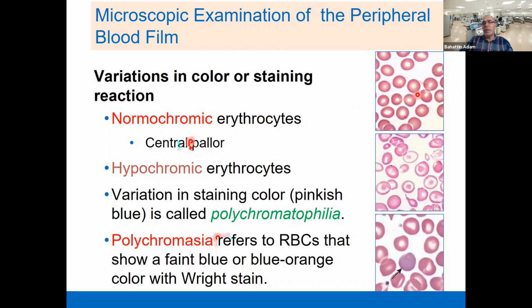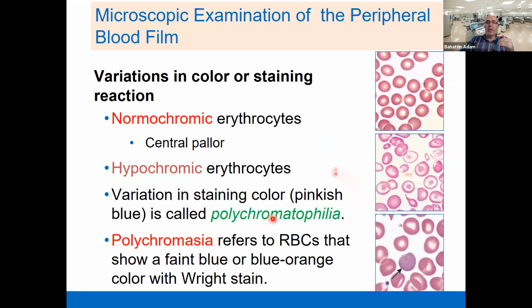Here, pallor. This is the normal staining of the red blood cells. You will become expert with time. Hypochromic erythrocytes means that they don't color enough, as you see here.